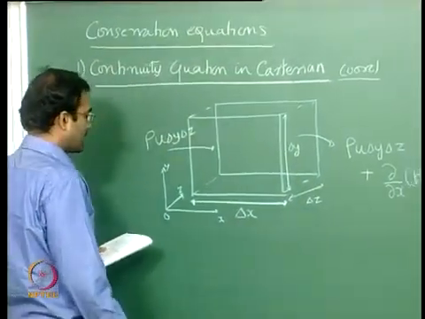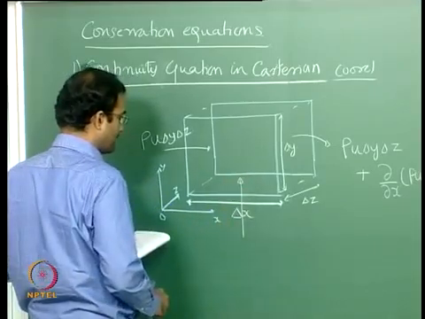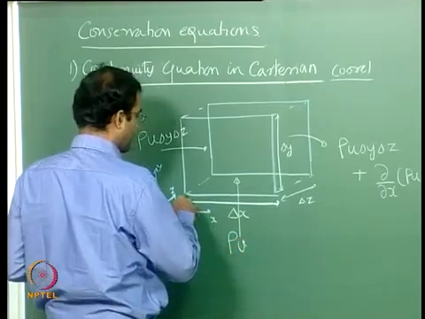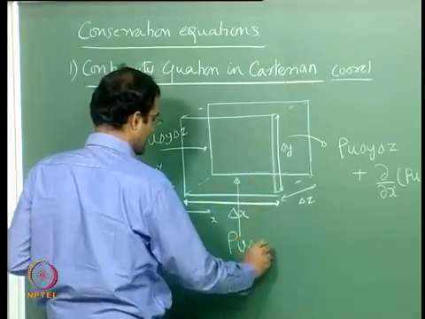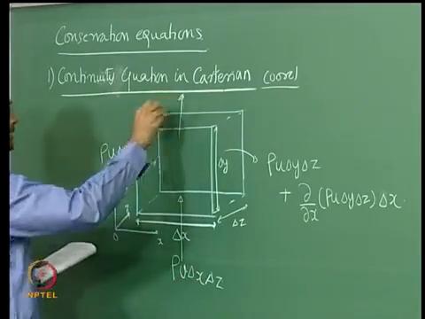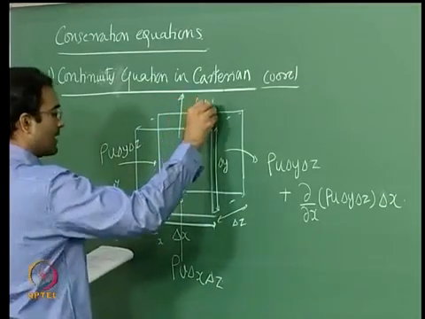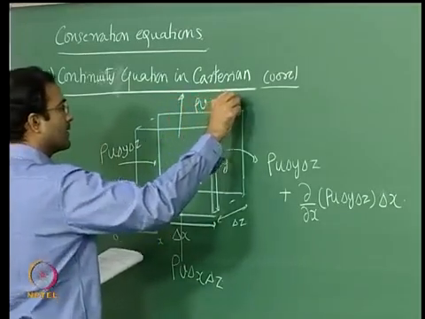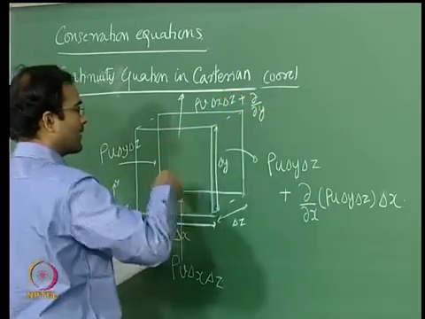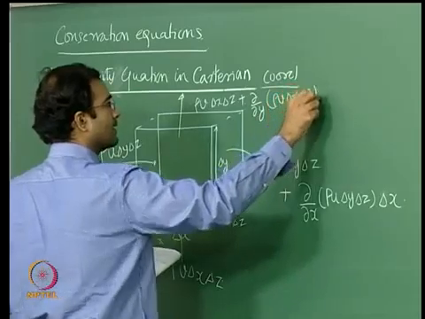Similarly, the mass flow rate entering the control volume from the bottom plane is rho v multiplied by the cross sectional area, which is delta x times delta z, and the flow rate leaving from the top surface is rho v delta x delta z plus d by dy, due to the gradient in the y direction, of rho v delta x delta z into delta y.